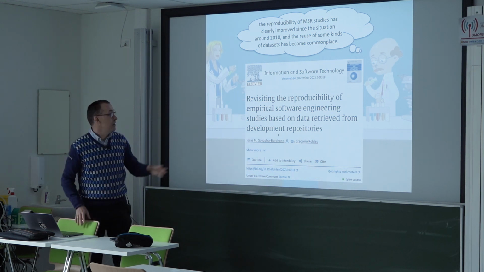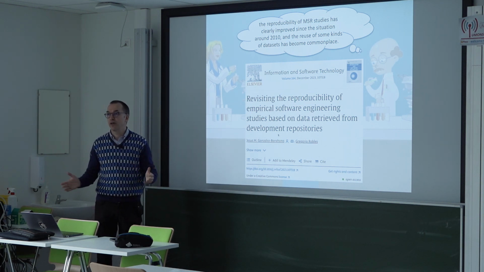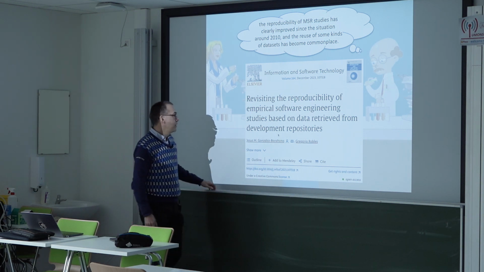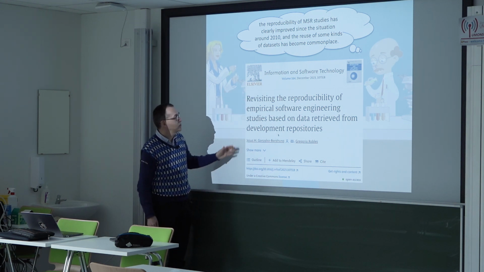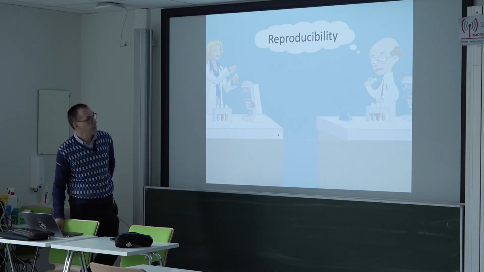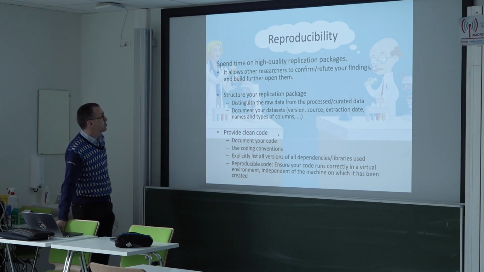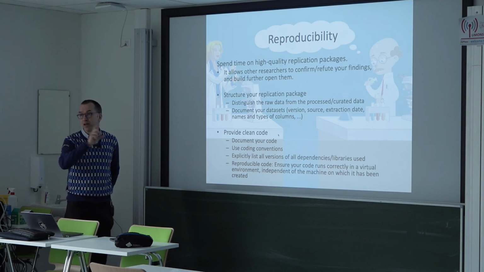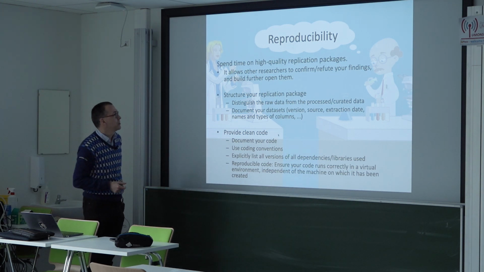I guess that in the field of software engineering it's easier because you can share software much more easily than other material. But I think that's where we should try to go, to make your research as reproducible as possible. To do so, you will have to provide replication packages. Here I realize that I might be becoming a little bit more specific to my domain of research.